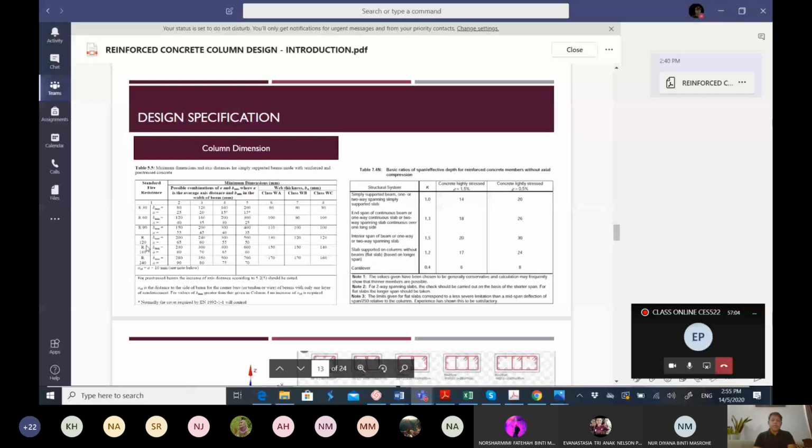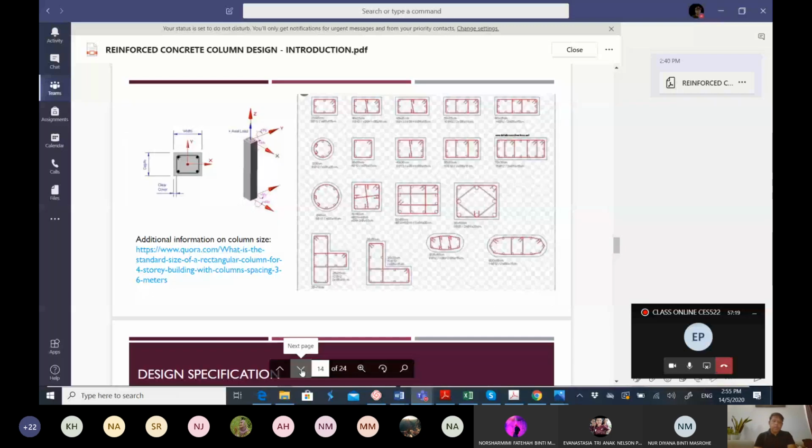Okay, so here are some of the shapes that we can have for the beam, for the column. You may get additional information from this website. I will try to enlarge here.